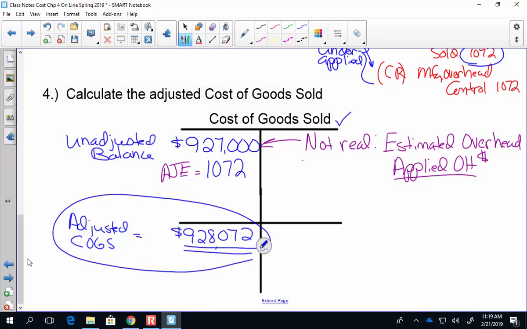I had $927,000. But by debiting this account, $1,072, my adjusted cost of goods sold is $928,072. Remember, the unadjusted 927 is not real. It's an estimate number because of the predetermined rate that I'm using. So I got to convert my estimated cost of goods sold amount to actual cost of goods sold through this entry process.